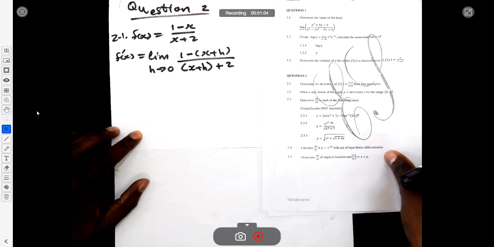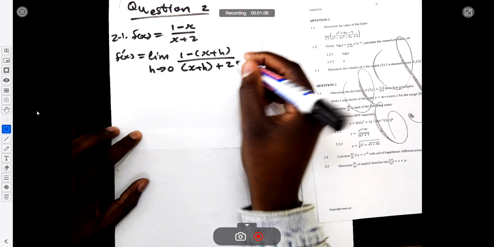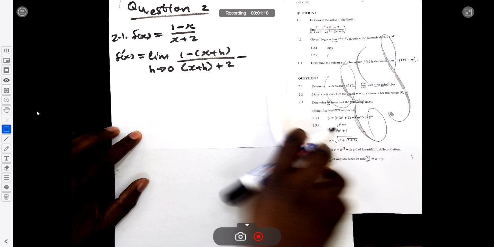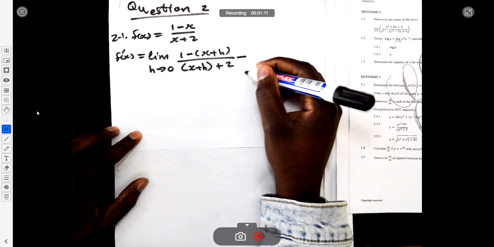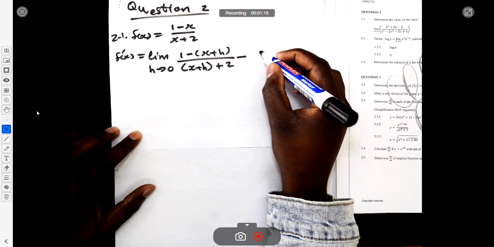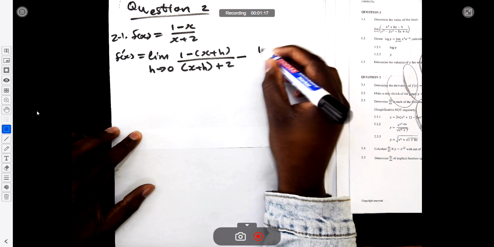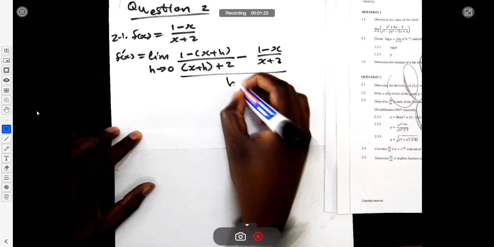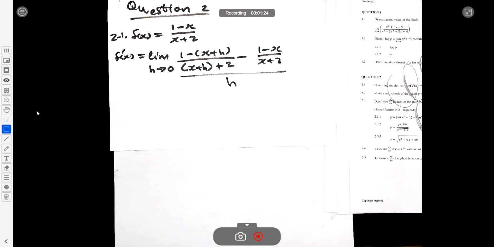Then the rule says that we need to subtract f of x, which is 1 minus x all divided by x plus 2. Then the formula says that we need to divide by h.